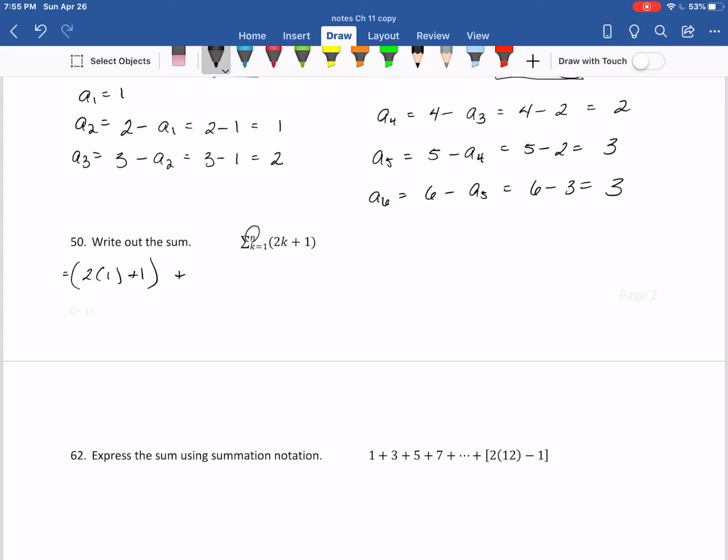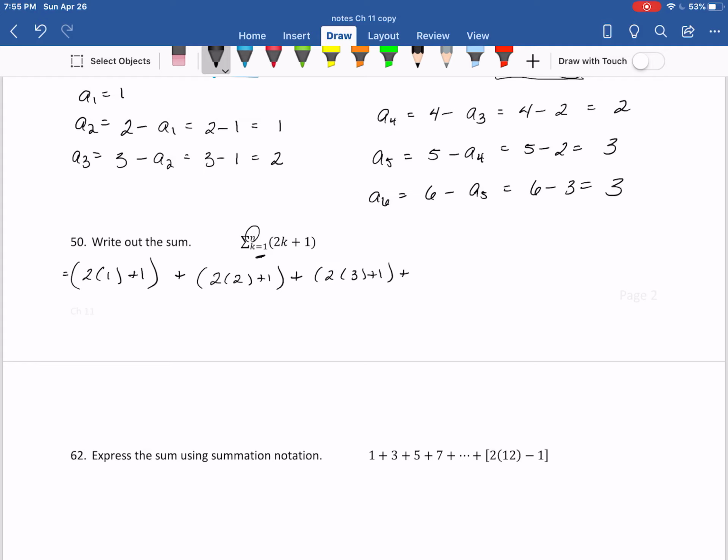Next, that was where to start, right? Start with k equal to 1. The counting numbers go up by 1 each time. If you count from 1 to n, you would go 1, 2, 3, 4, 5. So the second iteration is when k equals 2. Next, k equals 3, so 2 times 3 plus 1.